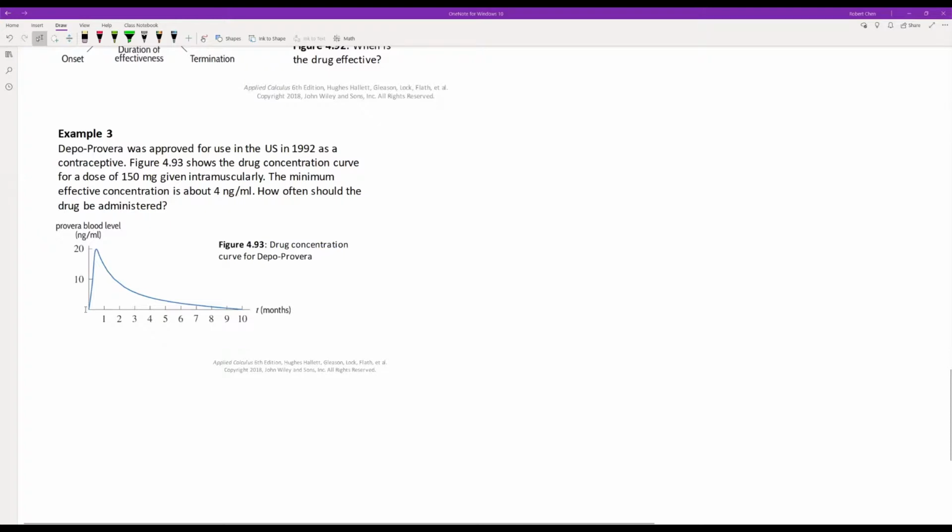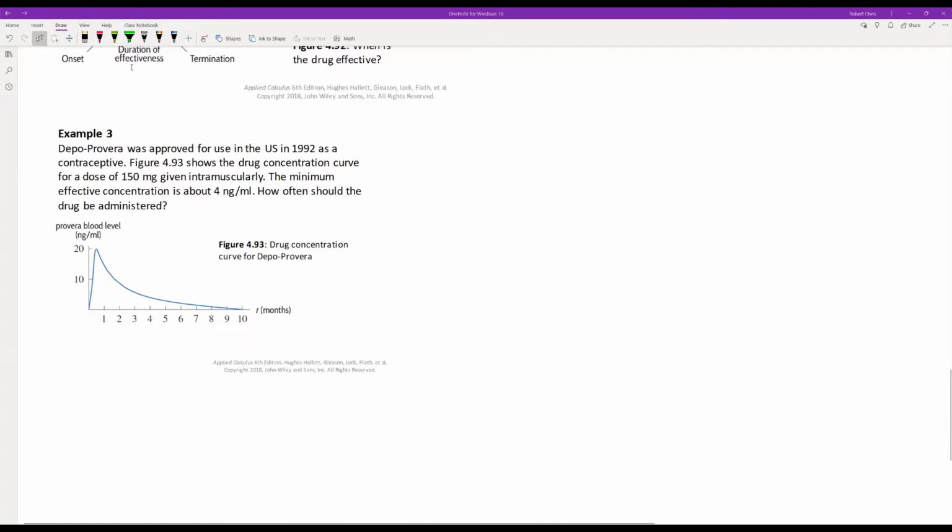All right, so we can see that the horizontal axis is T in months. After the drug is taken, it goes up to the peak in about half a month, right? Less than a month, and then slowly decreases over time, right? Throughout the months, right? So we know that the minimum effective concentration is about 4.